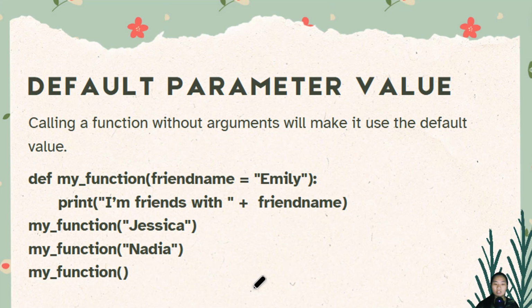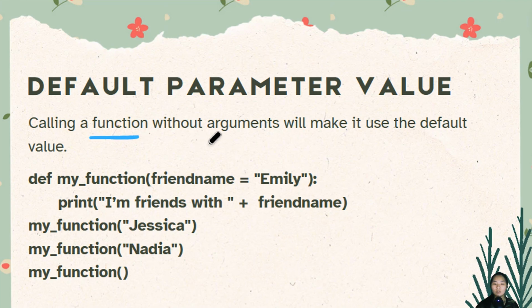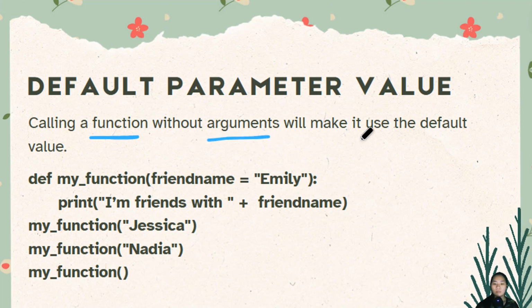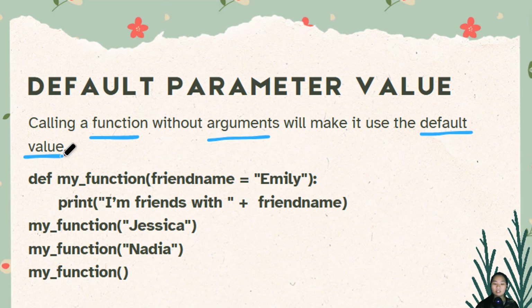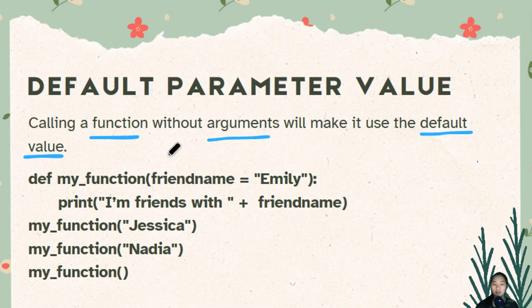Okay, let's move on to the next part, default parameter value. What does this mean? If you call a function without arguments, it will make use of the default value. Now, I will demonstrate this to you. Obviously, all of these will be in demonstration, but default value is not a built-in value. It is something that you set for yourself. Over here, the default value of friend name is Emily.